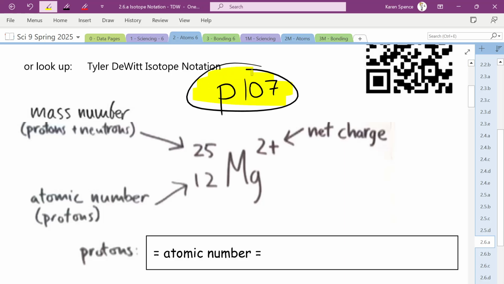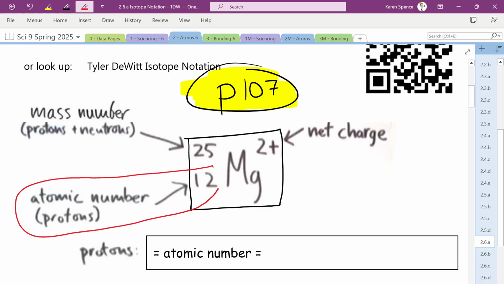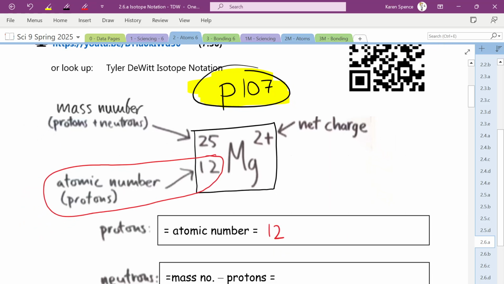Now, most of this should be familiar ground. If I give you this symbol here, can you tell me how many protons we have? Yeah, this number down here is the atomic number, and it tells us the number of protons. So the number of protons is 12. That's easy.